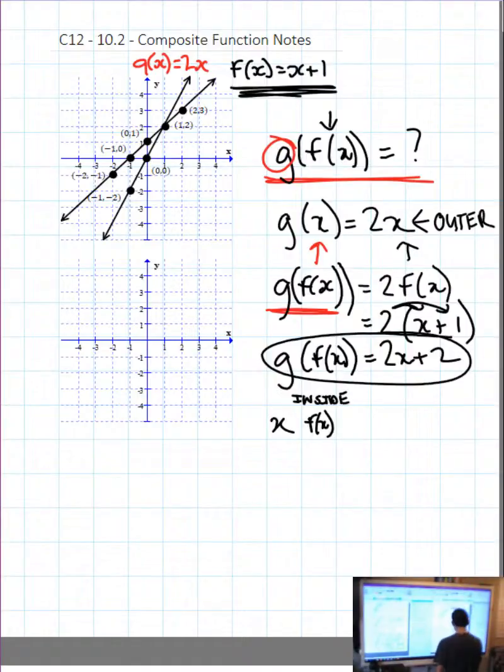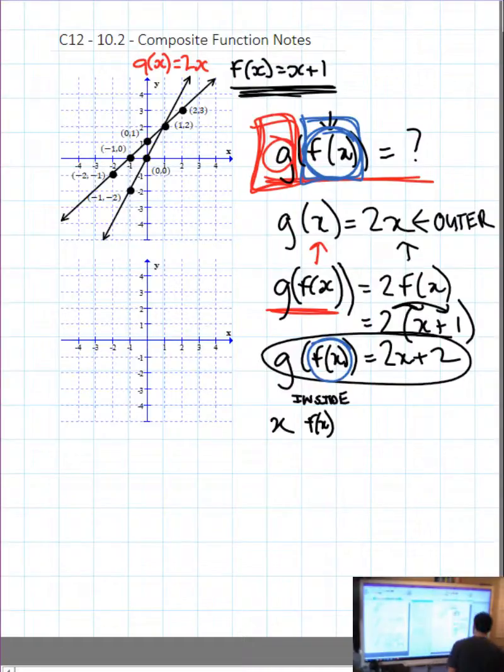So f of x, the inside, then we're going to write the composite function, what g of that would be. So I'm going to say g of f of x. Notice I didn't include the outside function, and notice it's done a little bit differently in the notes. Always good to have multiple ways.